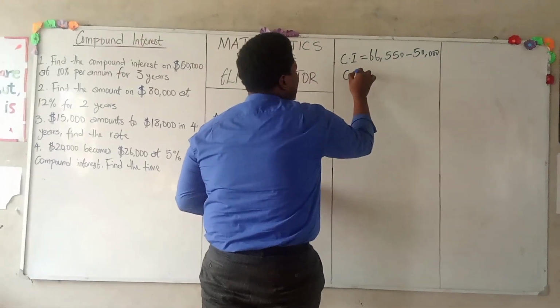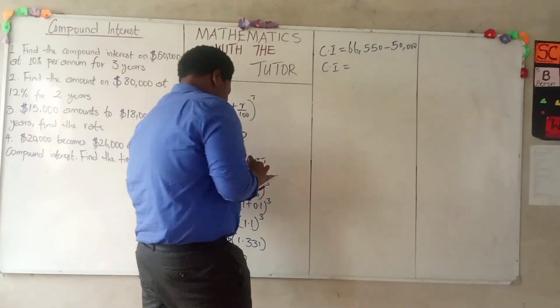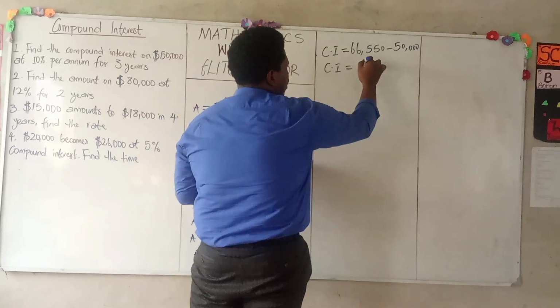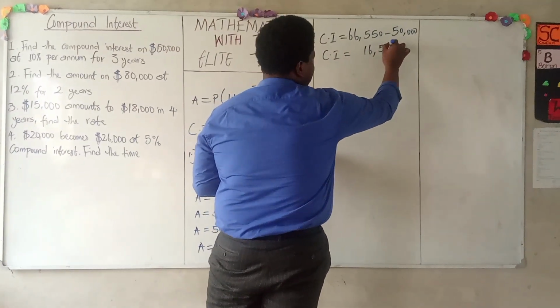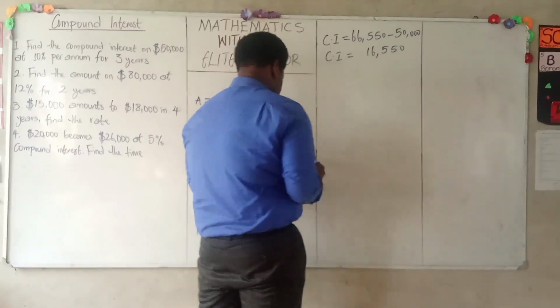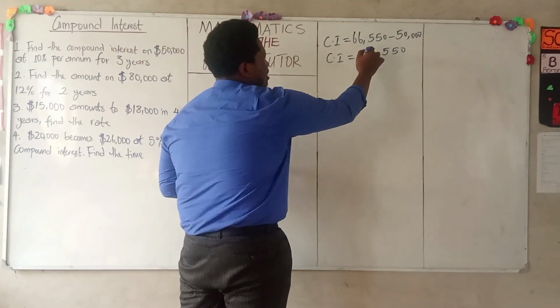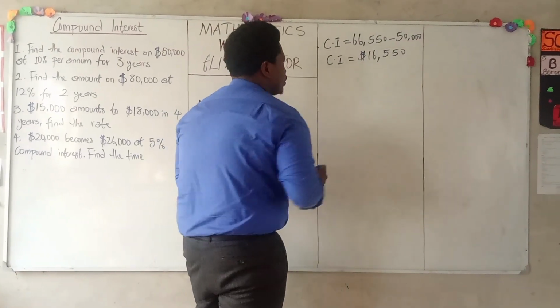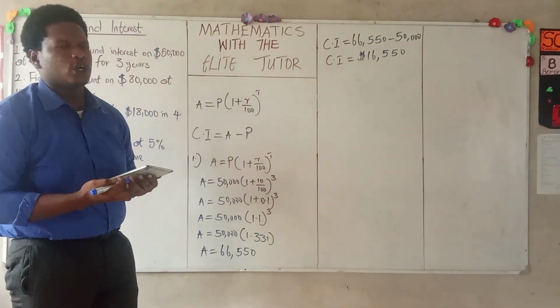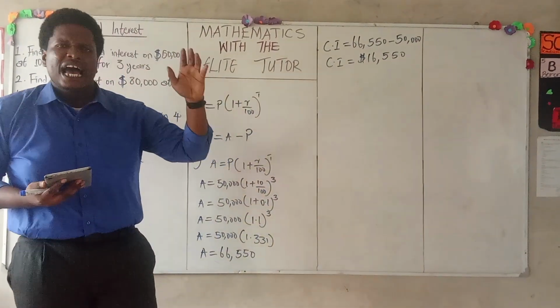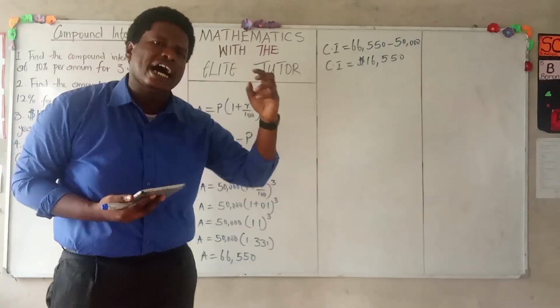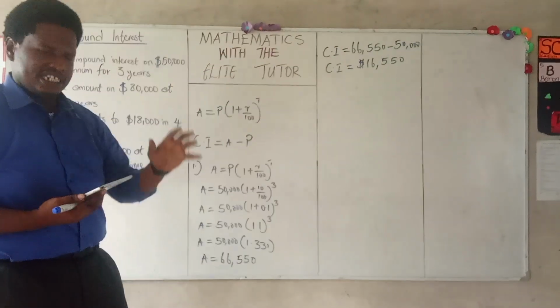Now our compound interest, if we convert from our calculator, gives us $16,550. So let's add our sign. So the compound interest for this question is $16,550.